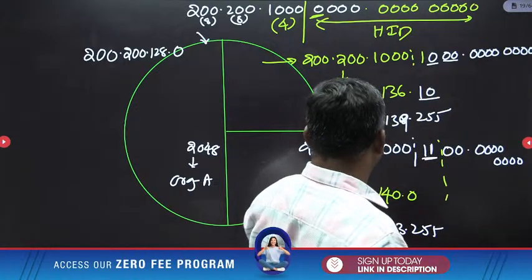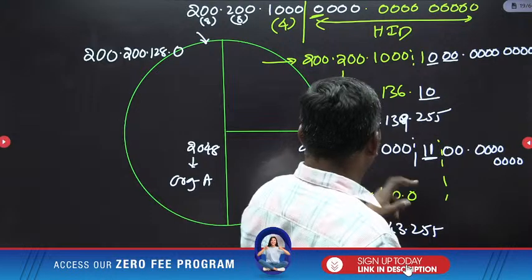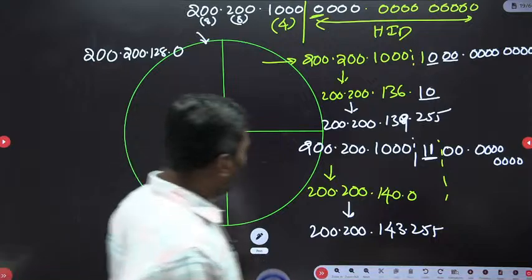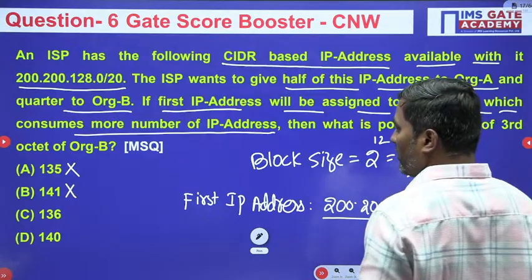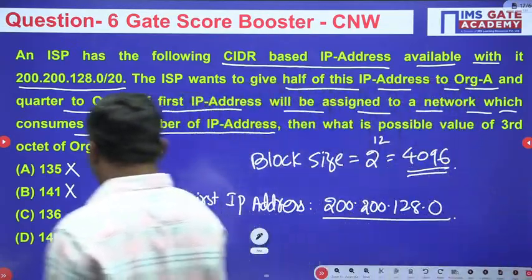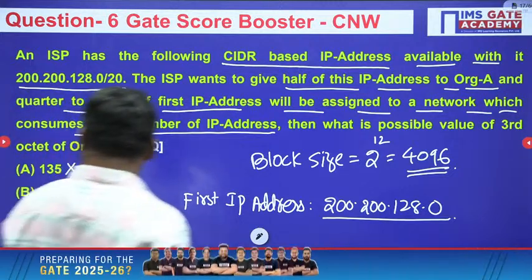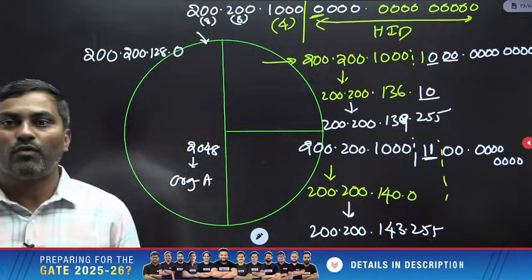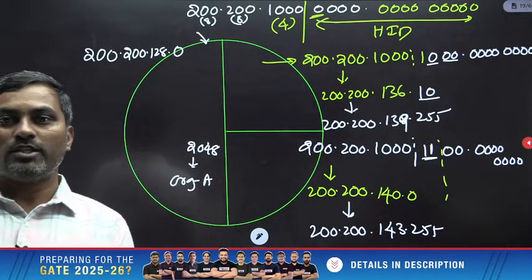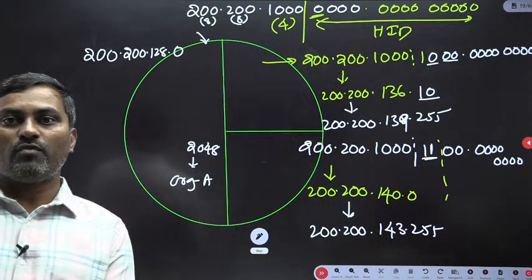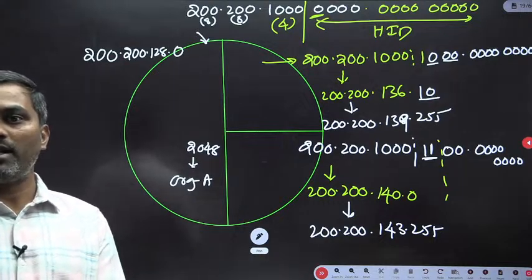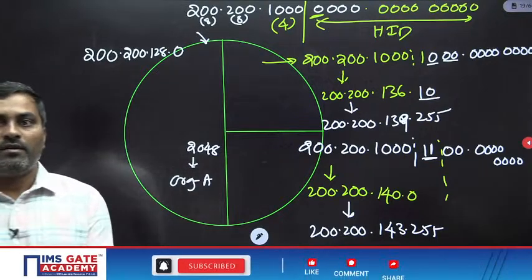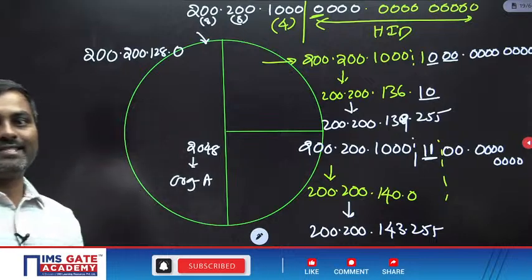It can be 155. Third octet, is 141 possible? So 136 we got, 140 we got. Can you check if 141 is possible? All of you? Sir, yes, 141 is within the quarter, so it is possible. Sir, 141, 136, 140 are the answers. Yes, all of you check.